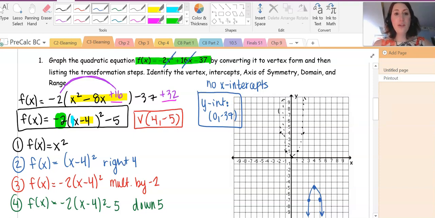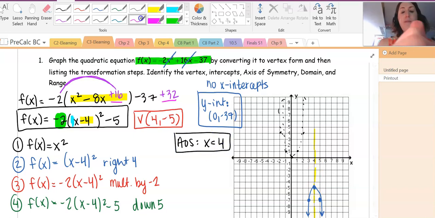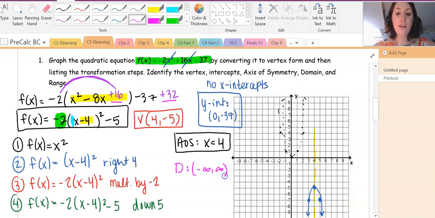Axis of symmetry, that's going to be the vertical line that cuts through this parabola. Make sure you put in x equals because it is a line, and it would be the equation x equals 4. All right, and finally, domain and range. Domain, we know for a parabola, our domain is always all real numbers because any value of x is acceptable.